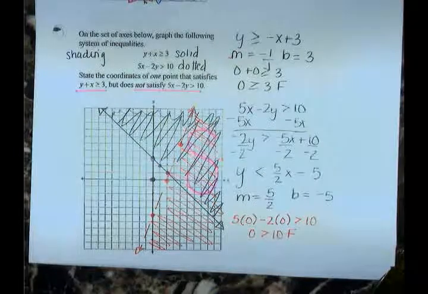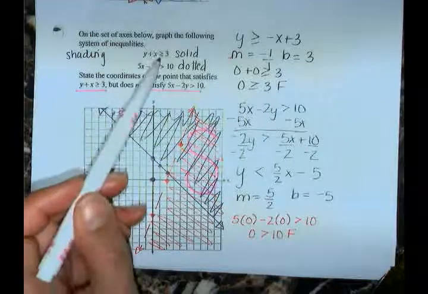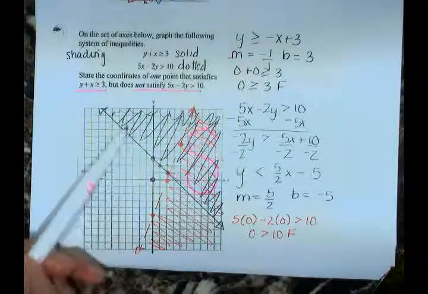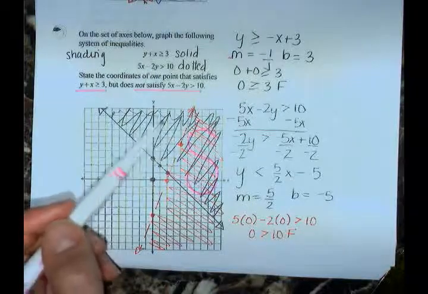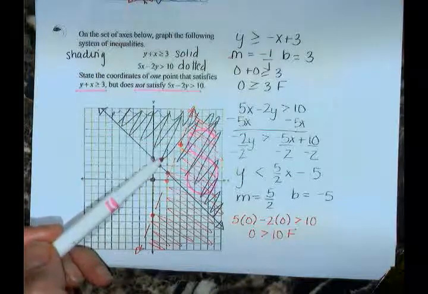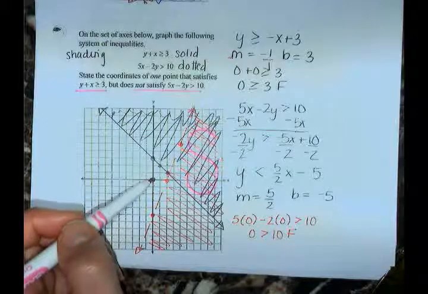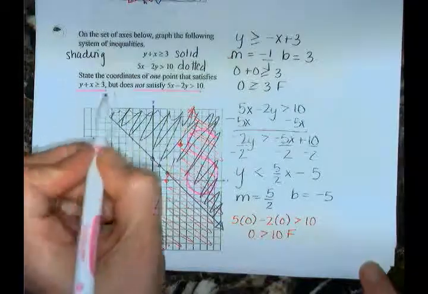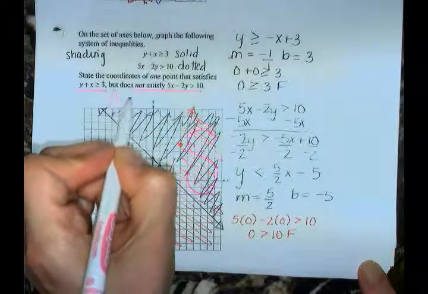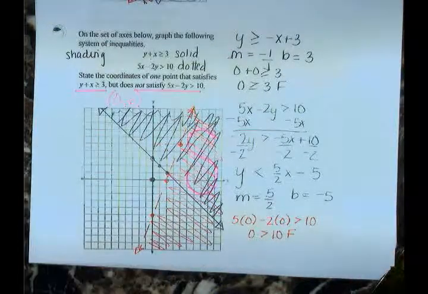If I look at the line that's a solid line, that's this one, the shading goes over here, so I can pick any point that is in the black shading only. So I'm going to pick the point 0, 6. 0, 6 is in the solution set for the first inequality, but not in the second.